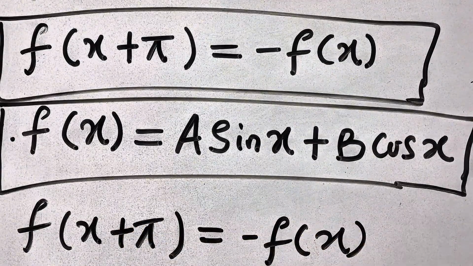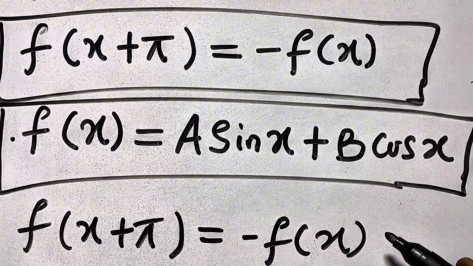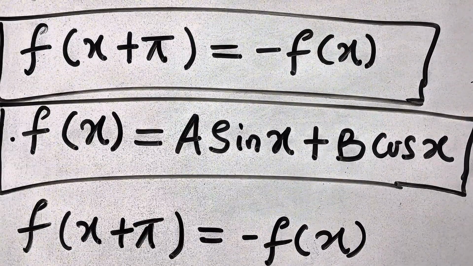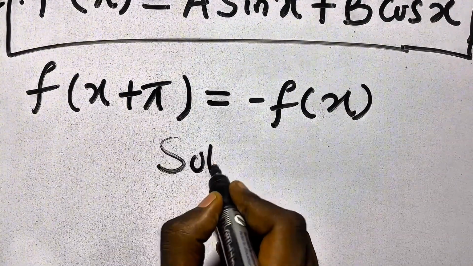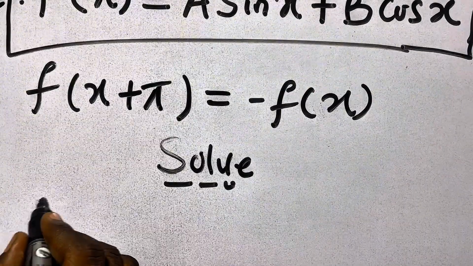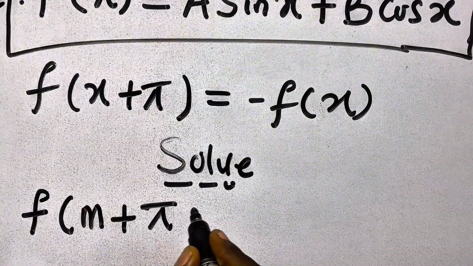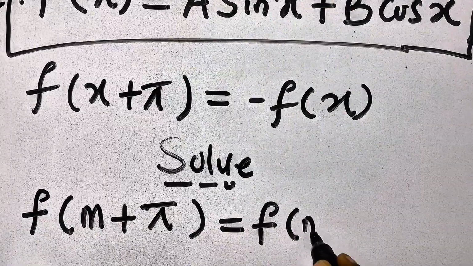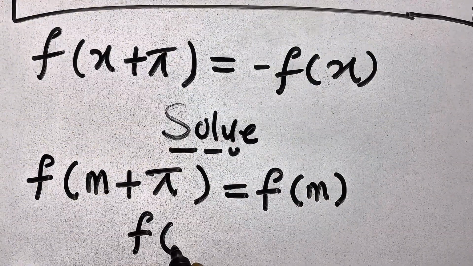Do you understand? Sometimes you have to be very calm and focused when solving problems involving mathematical functions. However, let me give you an exercise so you can try. Let's say we have f of m plus pi equals f of m.